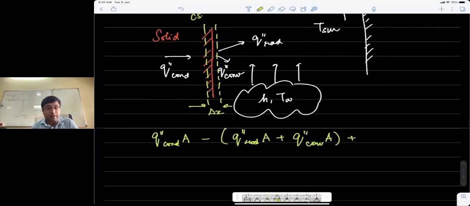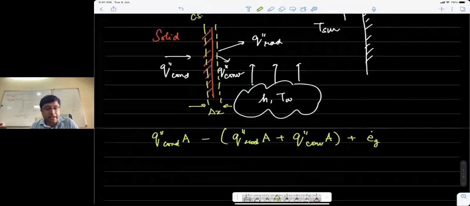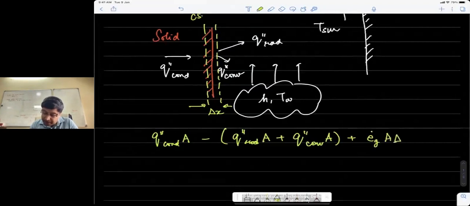Plus, we need to have the generation term. So let's say E dot G is the rate at which energy is being generated per unit volume. So I can write E dot G times A times delta x to be the rate at which energy is being generated in this infinitesimal control volume.